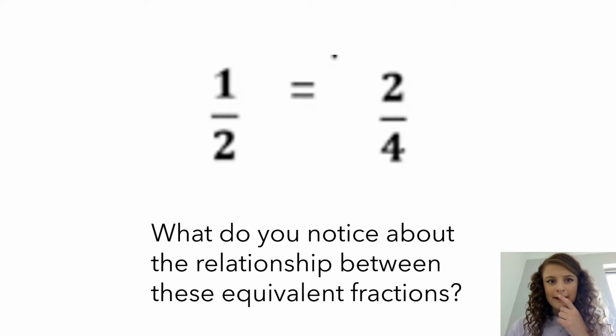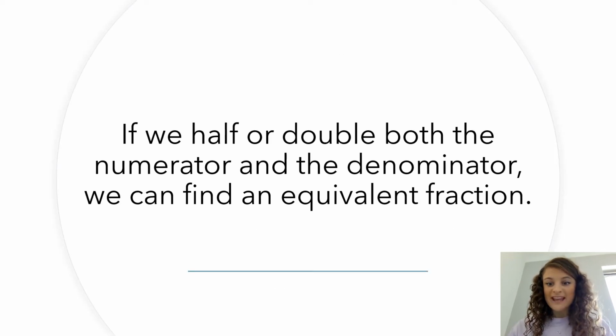So maybe that's something to think about when we're finding equivalent fractions. If we can double the numerator and the denominator, then we found ourselves an equivalent fraction. It says it nice and clearly here. If we halve or double both the numerator and the denominator, we can find an equivalent fraction.